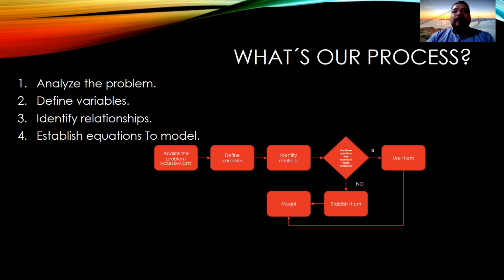So if there are equations, we should use them. If not, we should establish them. We should search for more information and make a more profound analysis to establish equations that represent those relations. We can use many methods.